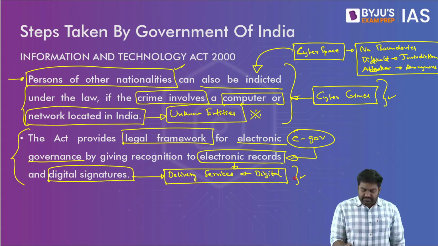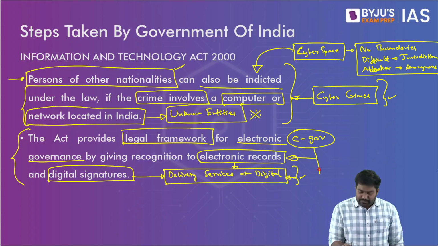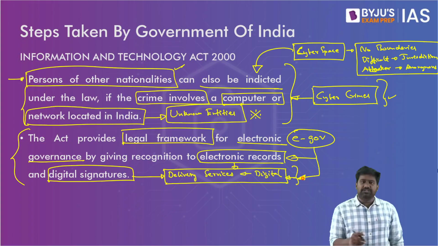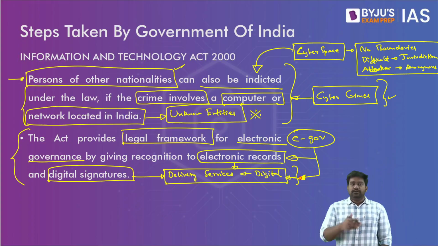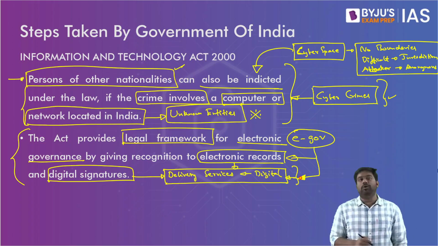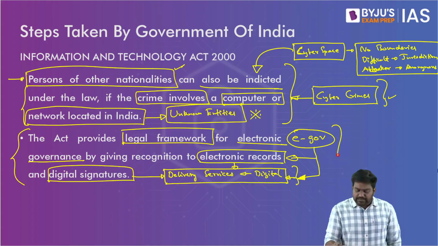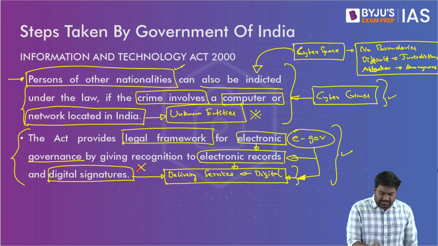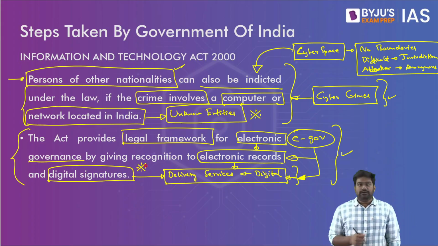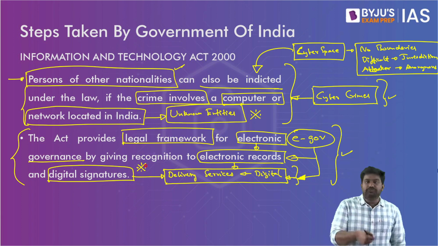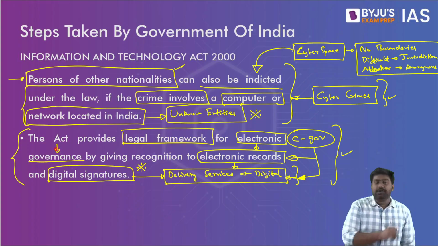Even receiving several services and benefits from the government, like subsidies, scholarships, and pensions, everything can be done online today. All these online activities and online public services are possible because of this law. It is this law which gave validity and legal recognition to electronic records and digital signatures. Understood? Your digital documents and digital signatures have validity in law because the IT Act gives recognition to them and enables e-governance in the country.